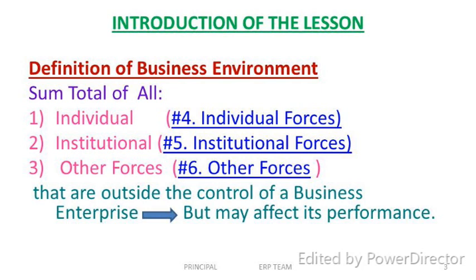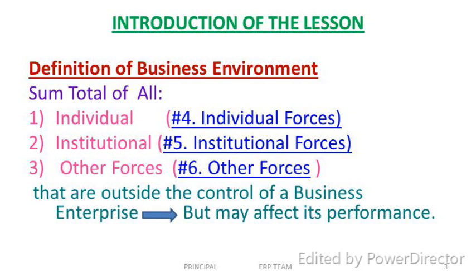This means business environment is divided under basically three categories: individual forces, institutional forces, and other forces. All these forces are beyond the control of a business but influence the functioning of a business.